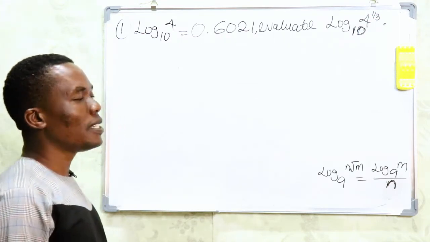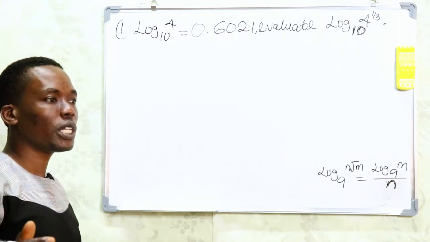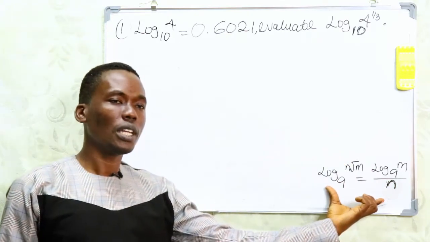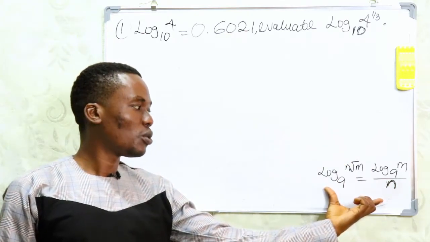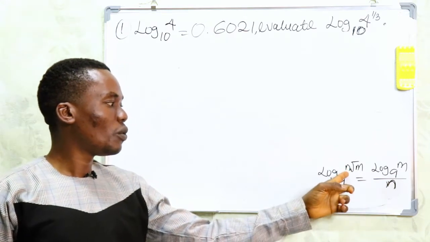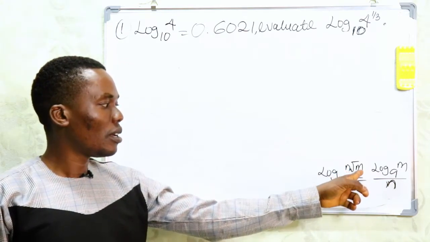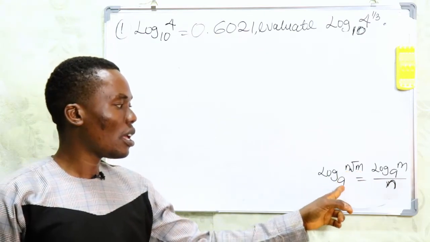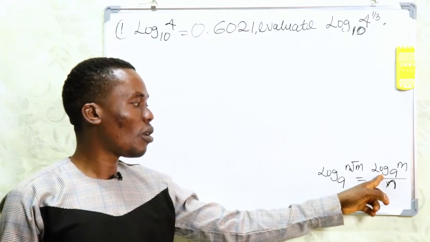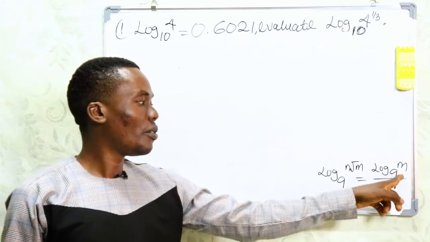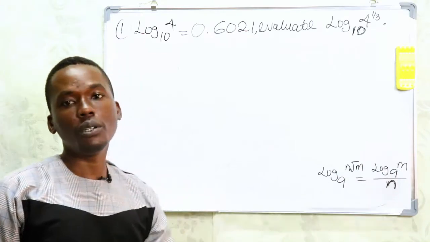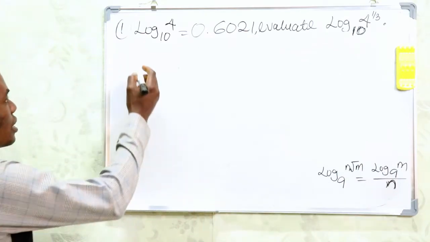The first thing I want to remind you is to recall the fourth keynote that says logarithm with roots. If you have a logarithm with a root, the nth root of m base a, it should be equal to log of m base a over n. Now let's apply that here.